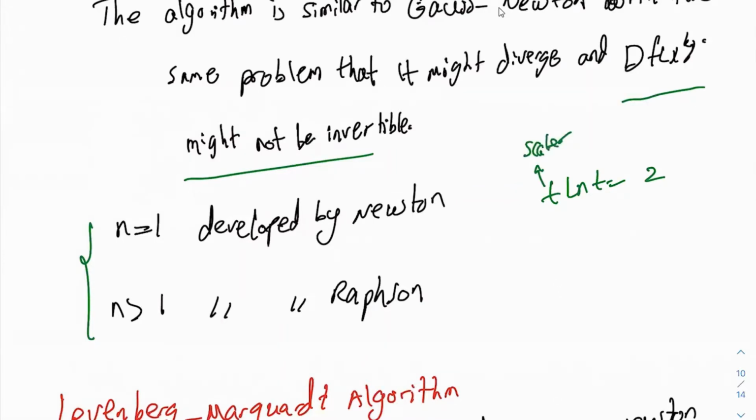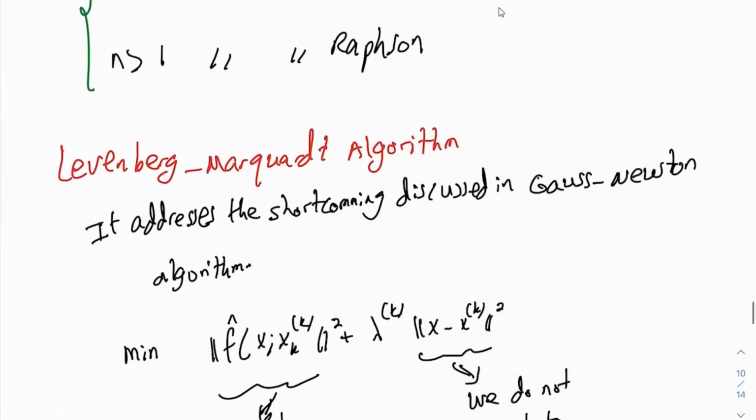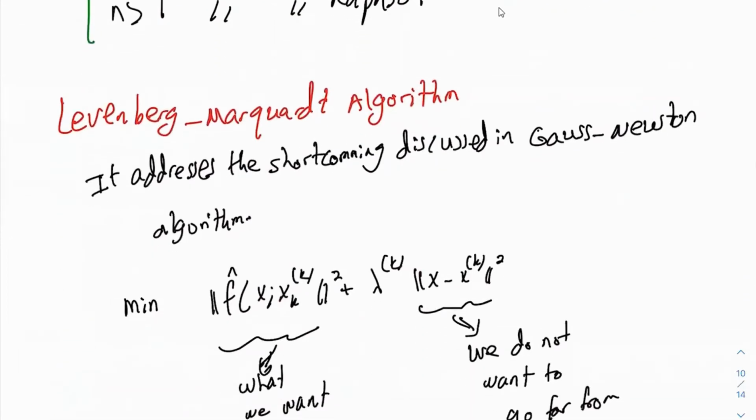Okay. So now we want to see how we can get rid of this shortcoming, and that's where the Levenberg-Marquardt algorithm, the LM method, comes into the picture. The idea behind LM is addressing the shortcoming or the problem that the Gauss-Newton method has.